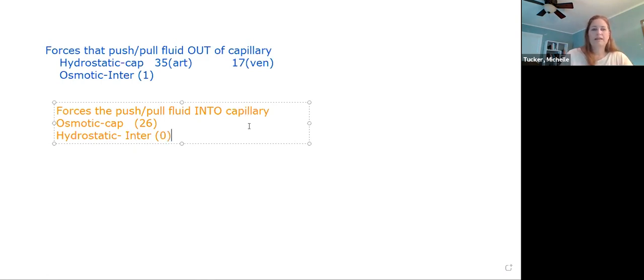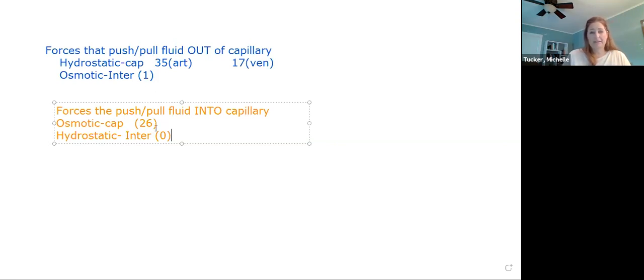Okay. The capillaries are going to be the controllers of net filtration pressure. So the hydrostatic pressure is higher on the arteries and lower on the veins. Osmotic stays the same.